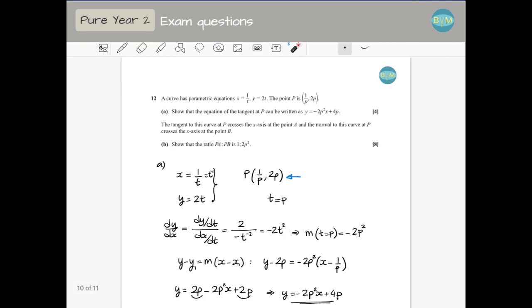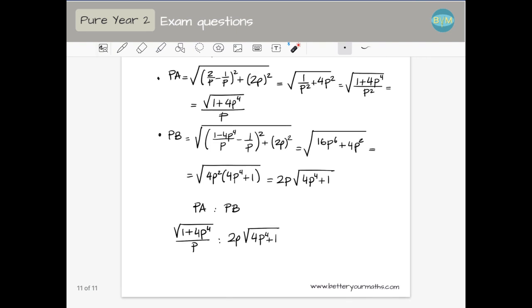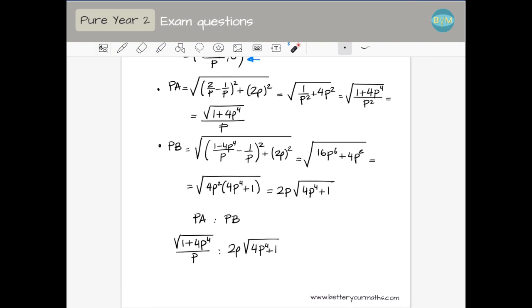And we have to simplify until we have 1 in PA. So what I'm going to do is multiply by p on both sides and divide by the square root. Yeah, if I want a 1 here, I'm going to multiply by the reciprocal. So I'm going to multiply by p divided by root of 1 plus 4p to the power of 4.